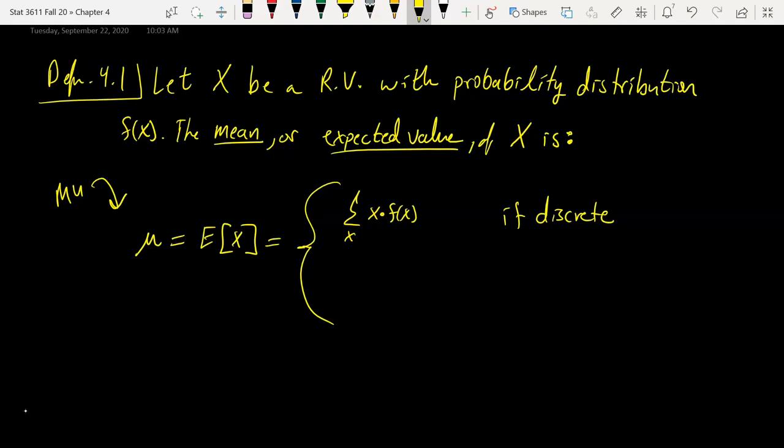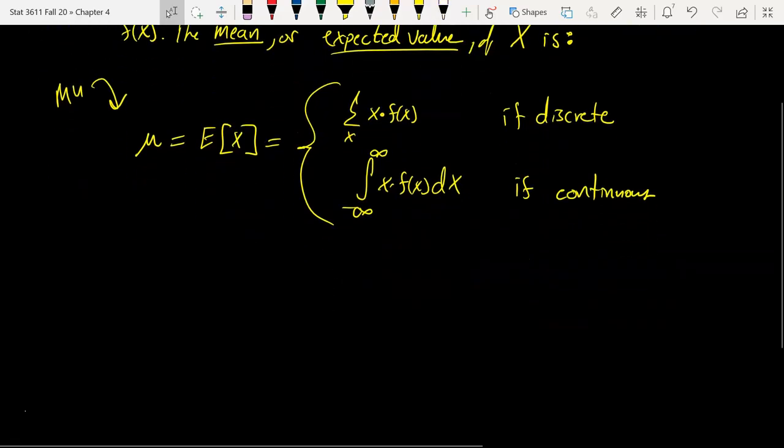And in the continuous case, we do the same thing, except we integrate over all possible values, x times f of x dx. And that is the expected value, the mean of your random variable.